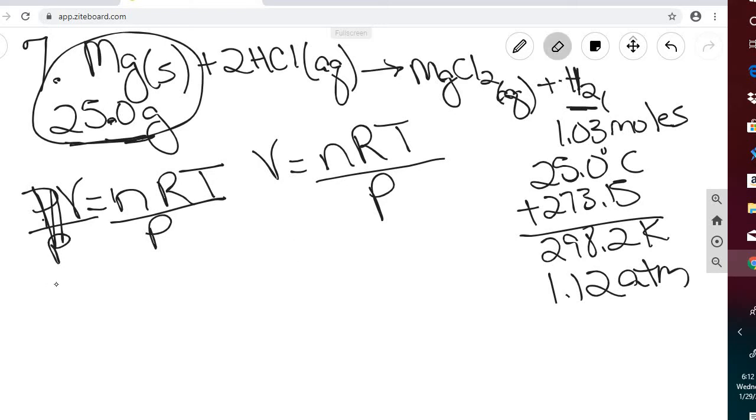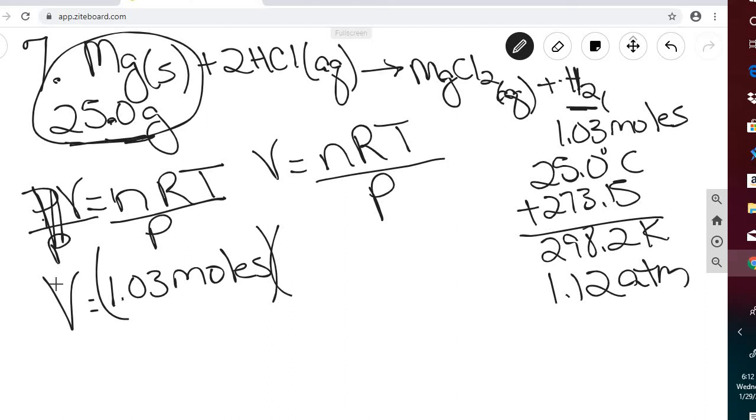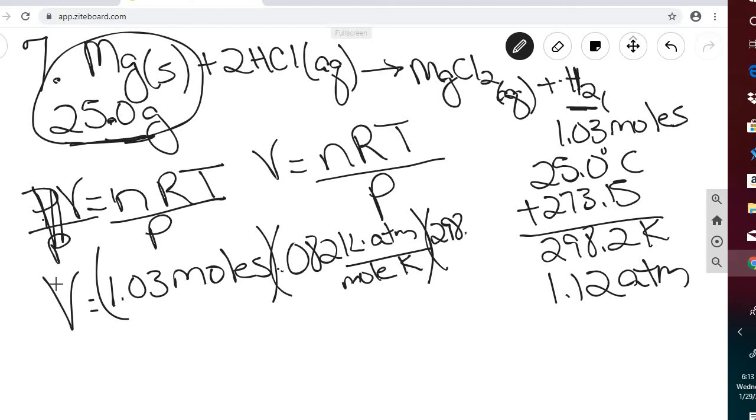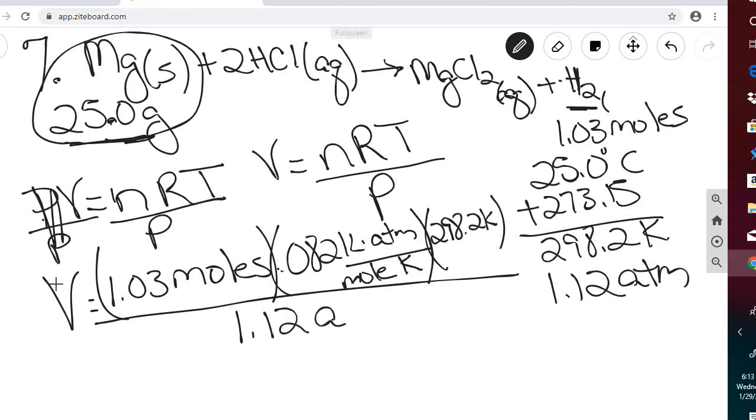Okay, so volume, number of moles, 1.03 moles times R, the ideal gas constant, 0.0821 liters times atmospheres over mole times K, and then the temperature in Kelvin, which we just calculated here, as being 298.2 K, and then we'll divide that by the pressure, which was 1.12 atmospheres.